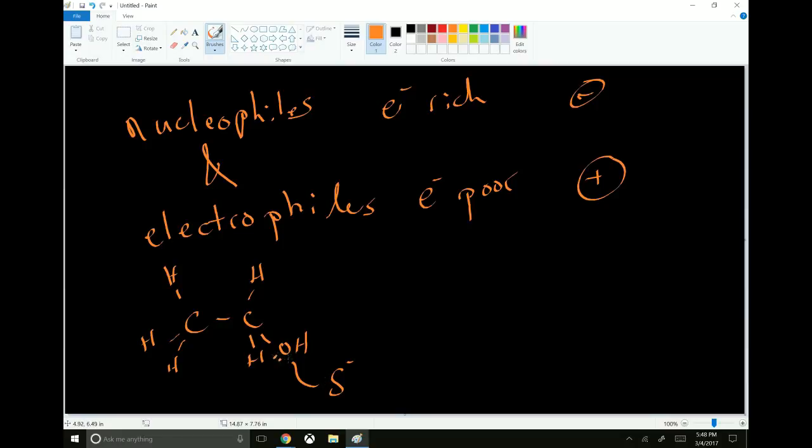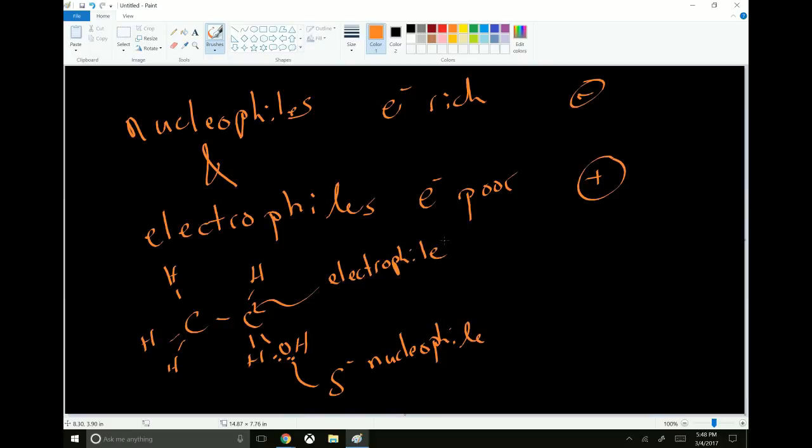It also has two pairs of electrons. It's electron rich, so it's described as a nucleophile. Whereas the carbon bound to the oxygen, you could describe it as being electron poor because it has a lower electronegativity. So it would be an electrophile.